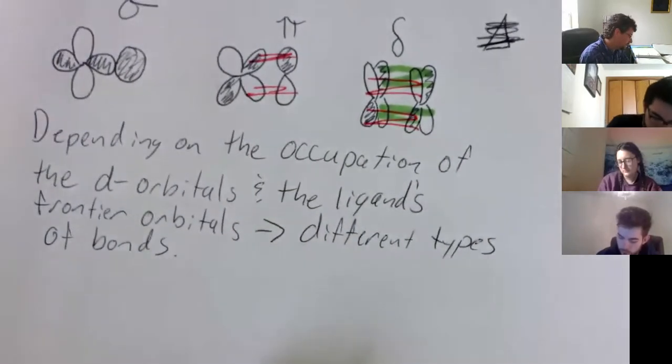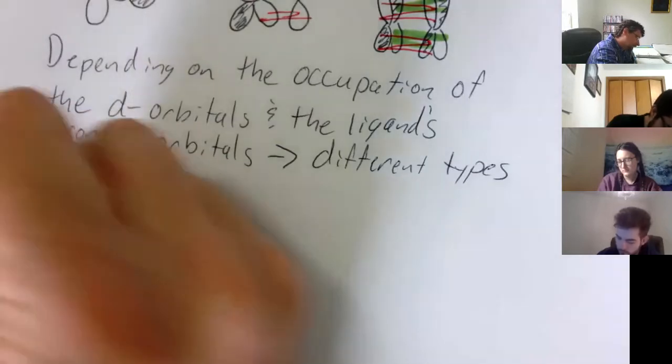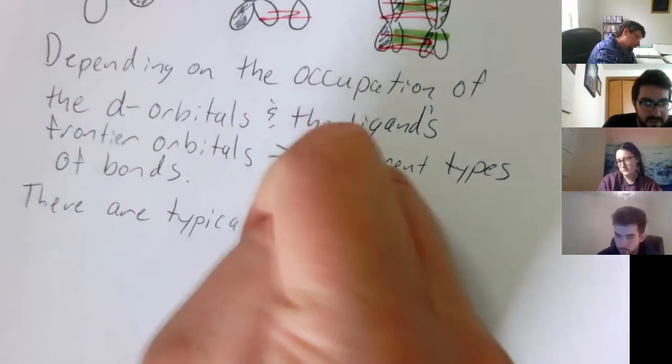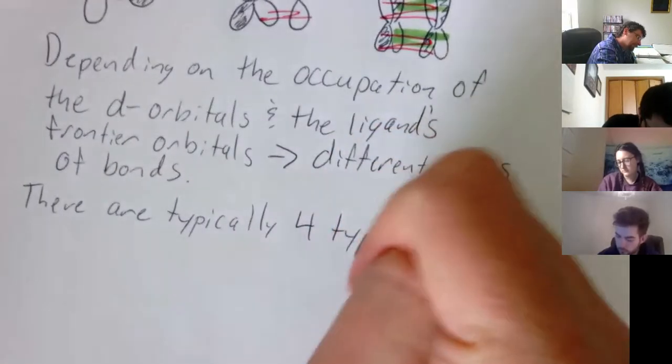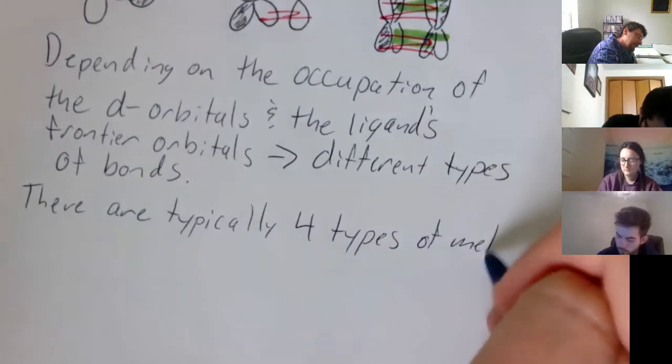And there are typically 4 types of interactions. So 4 types of metal ligand interactions.